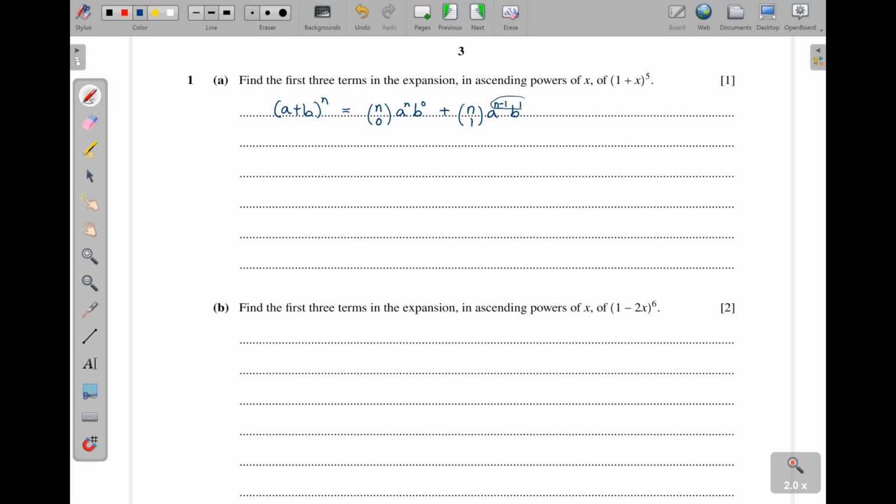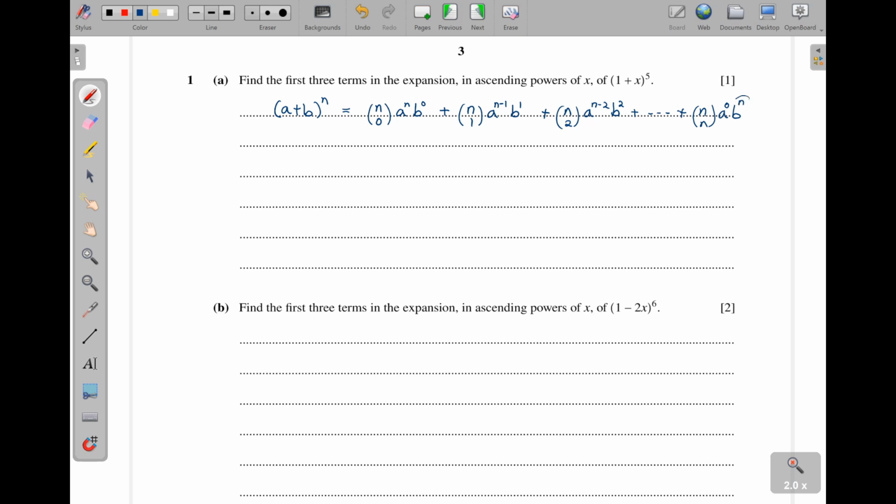Of course, when you add these powers, they should give you that n. Then plus n combination 2, and then a to the power n minus 2, b squared, and it continues like that until we get n combination n, then a will be power 0, and then b will be power n.